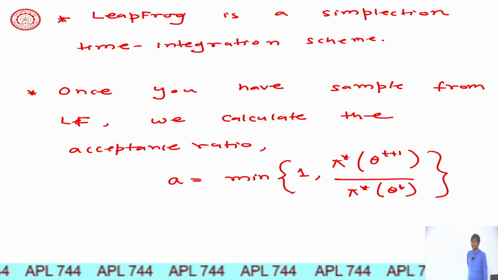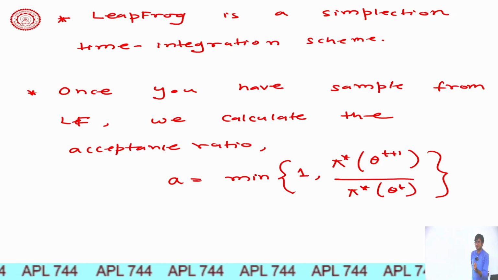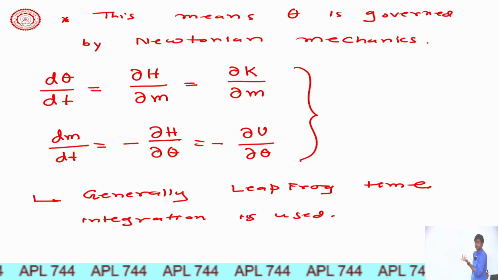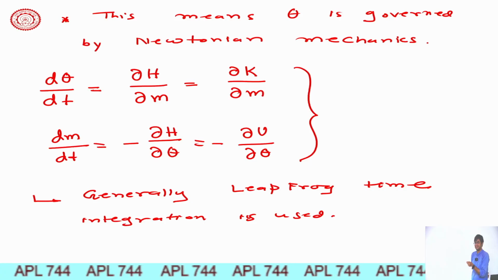Correct. So what is the proposal here? Proposal is you will go from theta t to theta t plus 1. Theta t is your starting point. How do you go from theta t to theta t plus 1? By solving these two equations. The previous theta t will be your starting point, and by solving these two equations you go. Right? Now going from theta t to theta t plus 1 and theta t plus 1 to theta t will be equal because your time integration is time reversible.